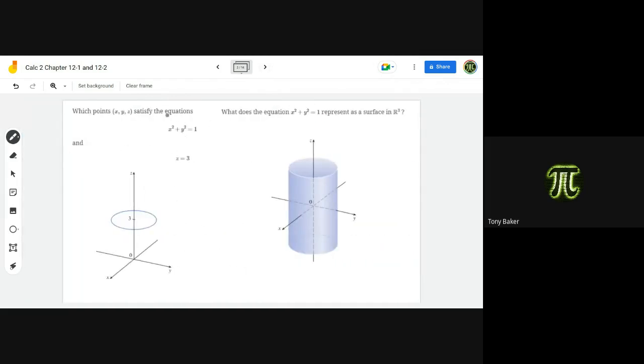For example, x squared plus y squared equals 1 is a circle. If we just had that, it would be a cylinder, because z is everything. That circle exists at every z point. If I said z is 3, then you'd have a circle at z is 3. So those are 2 representations depending on what you have. You also can isolate it down; it doesn't necessarily have to be the whole thing.